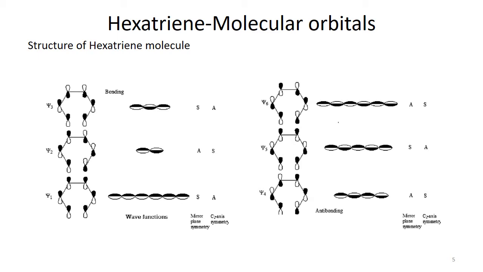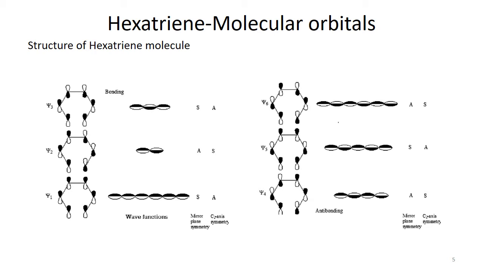Then we move to the next wave function, psi2. We already discussed that the number of nodes shall be n minus 1. So here n is 2, so there shall be one node present here, which means there is one sign change. Because of this node, the energy of psi2 is higher than psi1.